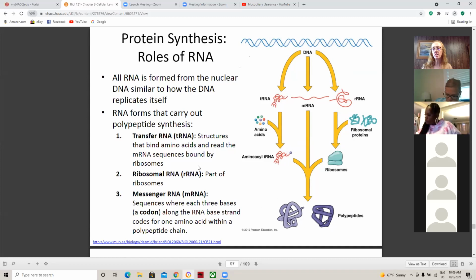There's transfer RNA, which is involved in protein synthesis, binding one amino acid to the next amino acid via the catalyst of the ribosome. There's ribosomal RNA, which is part of the ribosomes themselves. And there's messenger RNA, which carries the DNA sequence that will ultimately be converted into a protein.